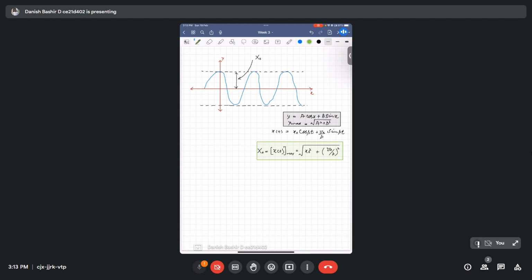For initial conditions, if we are starting the motion from zero, we will show it here. The motion is starting at t is equal to 0.